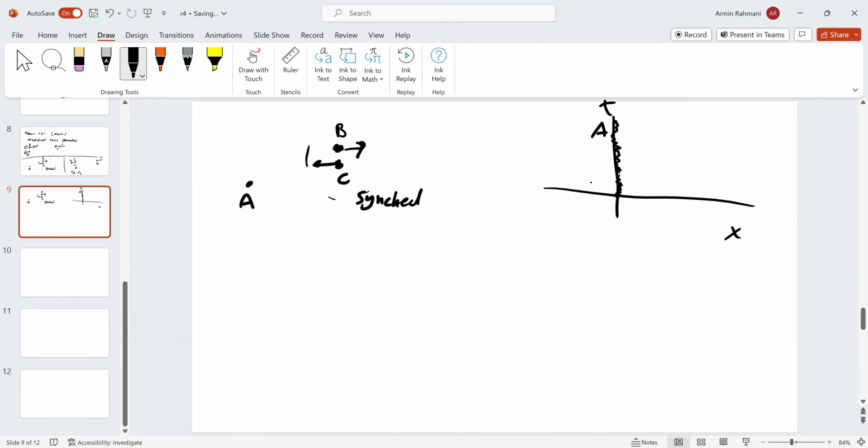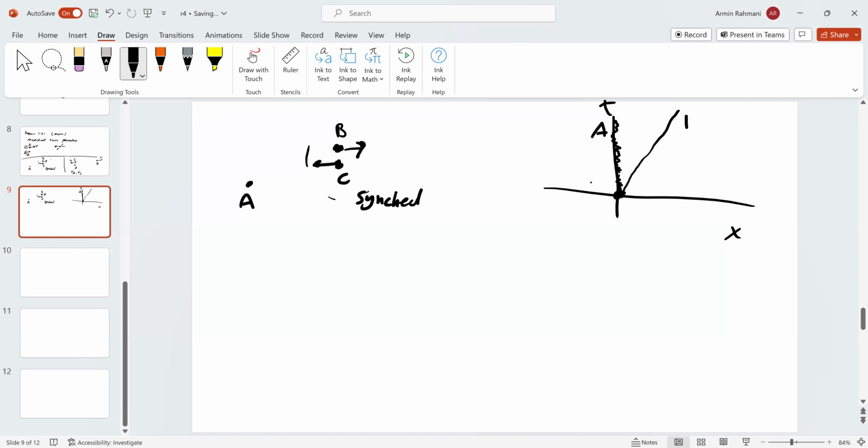B starts at the origin. So at this point, they read 0 on their clocks. Let's say they're at position 0. And B is moving away from A with constant velocity V. So there's going to be a line of slope corresponding to V over here.